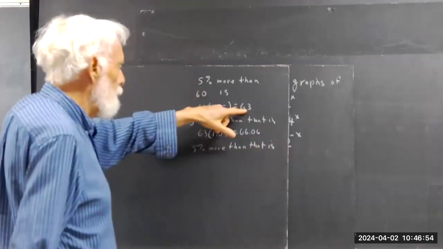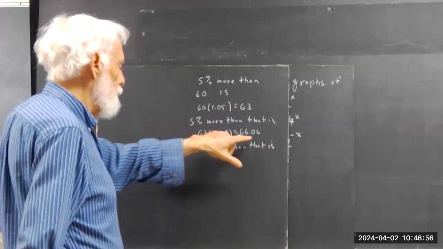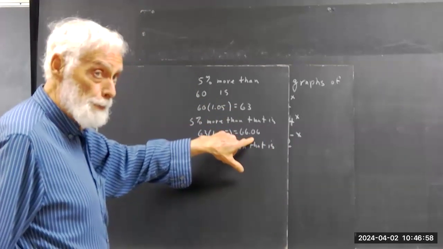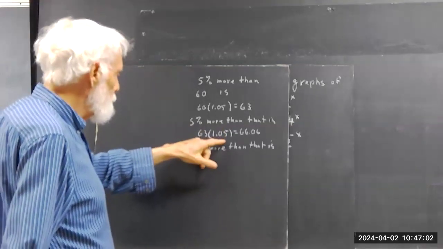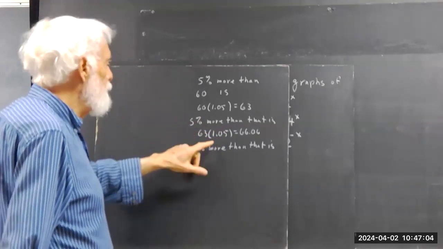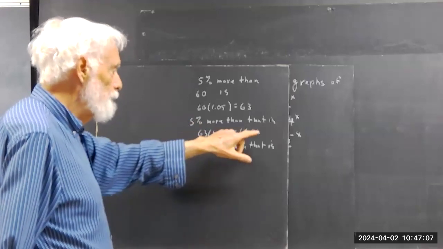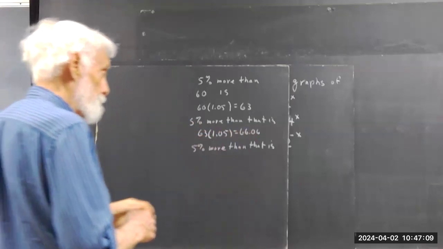So 5% more than this is 63 times 1.05, same thing you got before, 66.06, but you don't have to take 5% of 63 and add it. You can multiply by 1.05, which takes care of the whole thing.